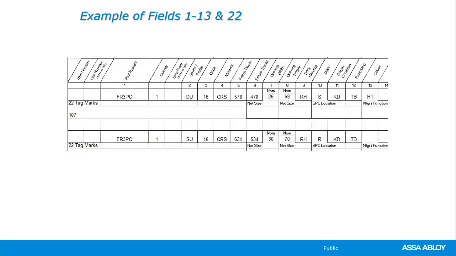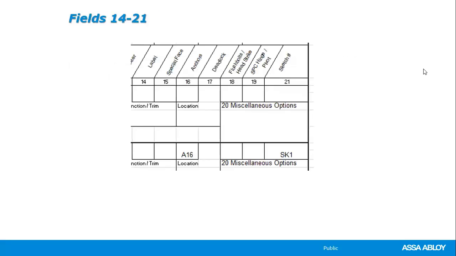So you get into your nominal sizes for your width and height, your handing, your strike preps, if it's KD, what type of corner detail you have, the different packaging, any kind of closure reinforcements. Again, I'm going to show you a list of all of these various types of hardware preps.